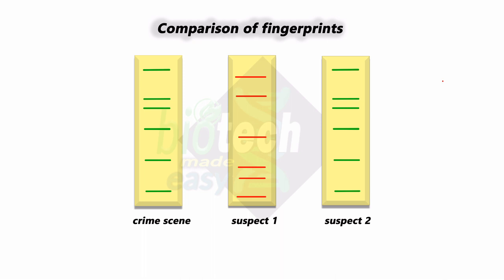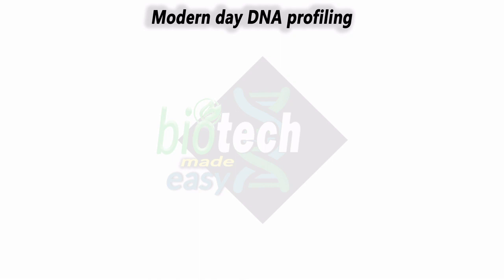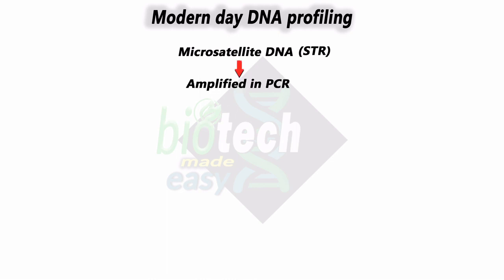Of course, there can be more suspects in many cases. In fact, any number of suspects can be there, and many times we take the victim sample also, and that can also be run. Here you see the modern day DNA profiling. It relies on STRs rather than VNTRs as initially used by Jeffreys. The DNA in this case is amplified by PCR to produce many copies of STRs.